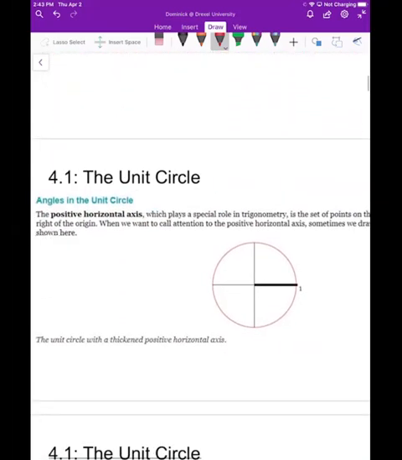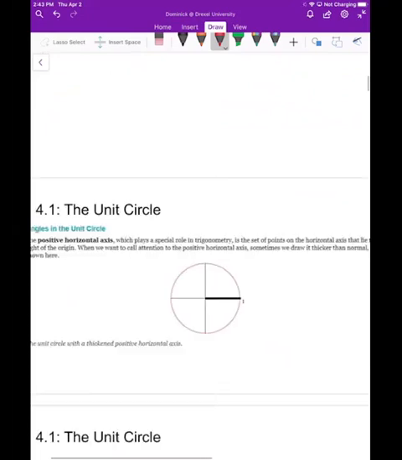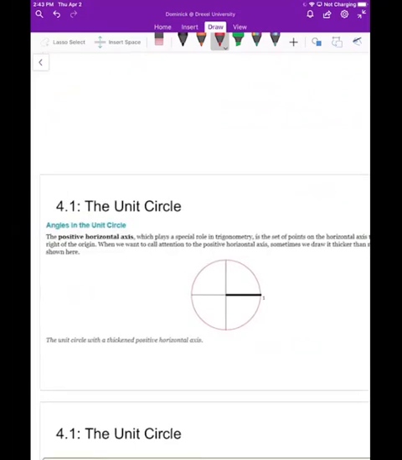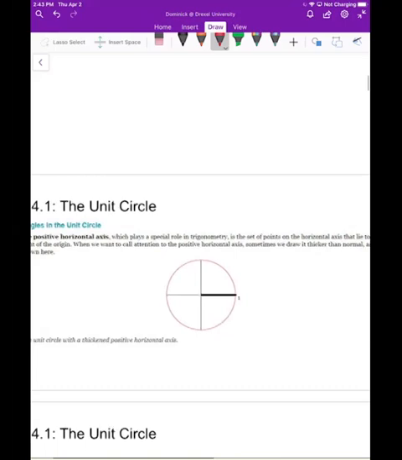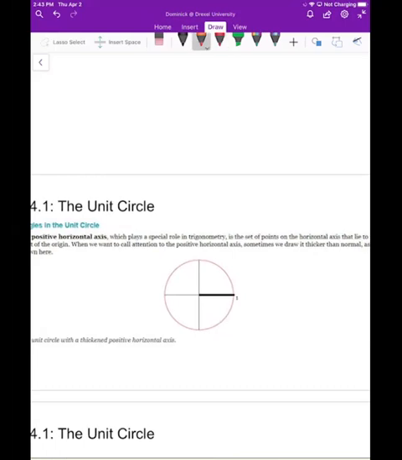Okay, now I want to move on to talking about angles on the unit circle. We're always going to reference our angles about this line right here, this radius from 0 to 1 on the x-axis. So the radius from x equals 0 to x equals 1, which is also known as the positive horizontal axis.